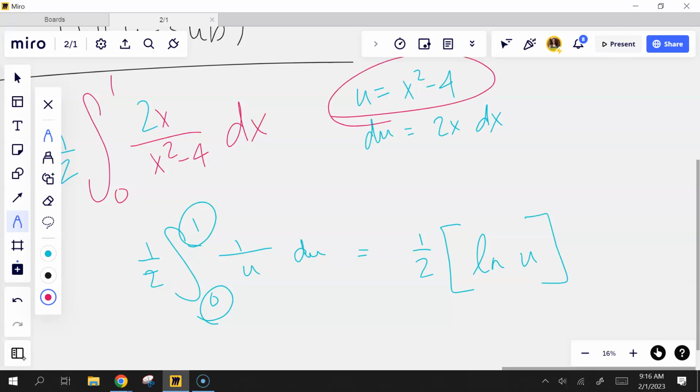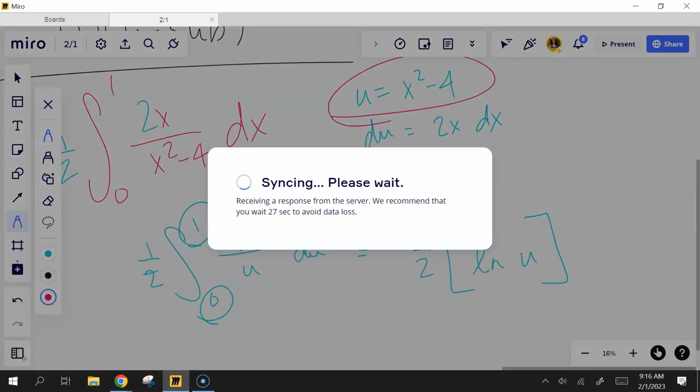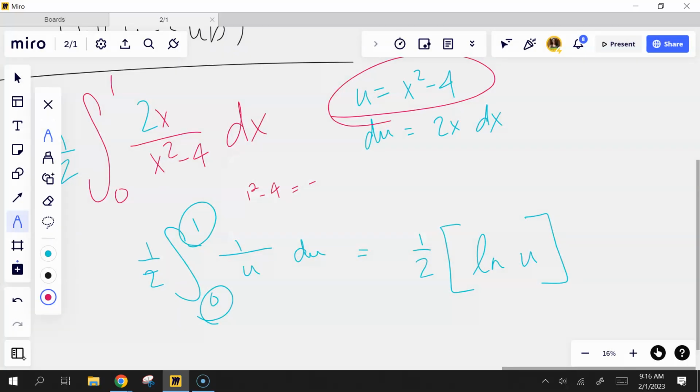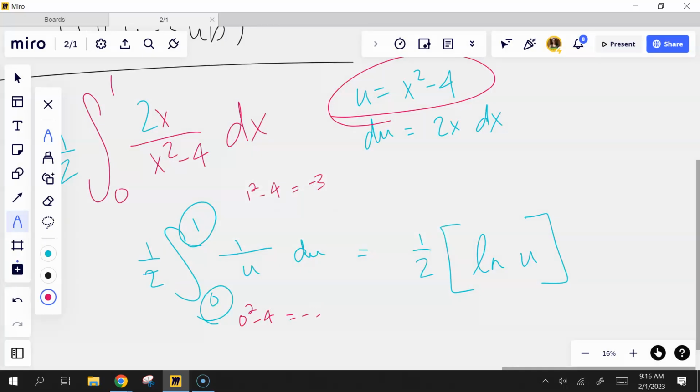What is u? Well, u is x squared minus 4. So this one would be 1 squared minus 4, which is negative 3. And then 0 squared minus 4, which is negative 4.